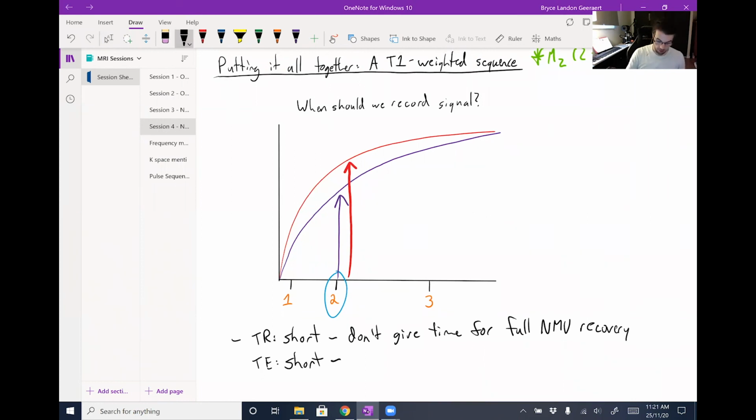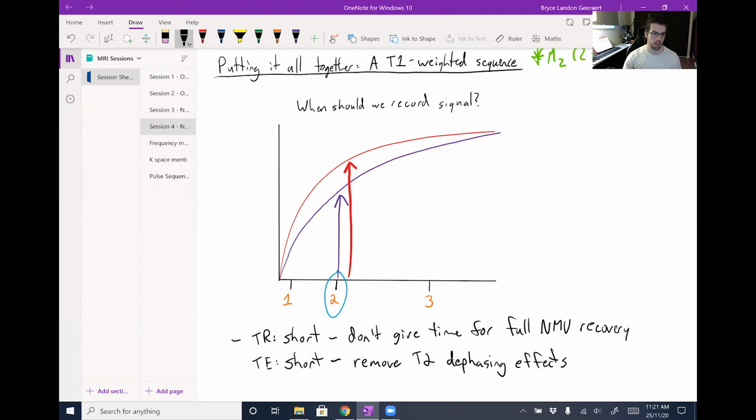The reason for this is we want to exclude any T2 dephasing effects. We're all familiar with the T2 decay curve now. If we wait any amount of time, the signal in the transverse plane is going to dephase. That is a T2 mechanism.